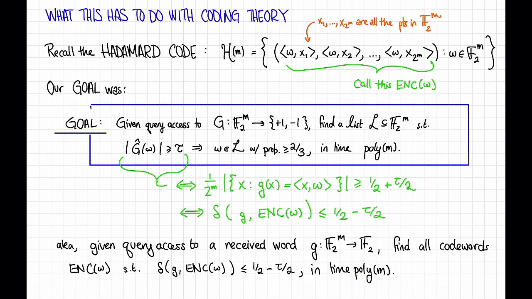And the key is that we want to do it locally, from just a few queries. In particular, our time budget here is polynomial in m, which is sublinear in the block length of the code. Remember, the block length of the code is 2 to the m. So we don't even have time to look at the entire codeword. That's why we're going to have to do it locally. In the next video, we'll see how to achieve this goal.